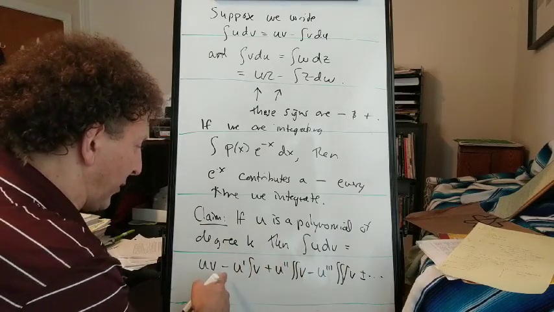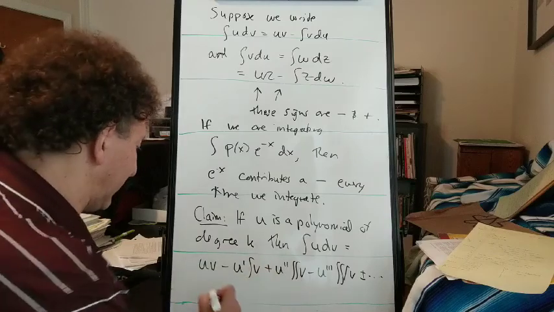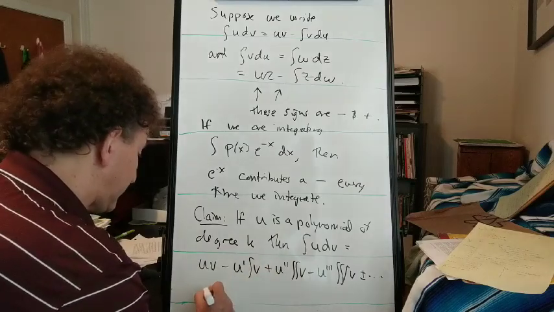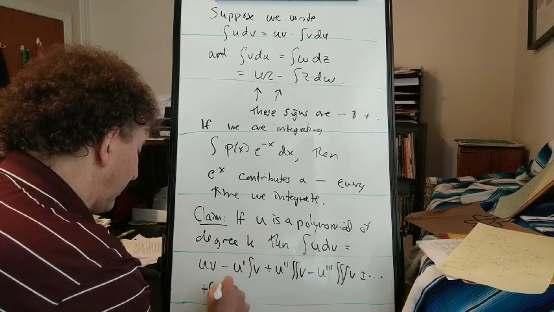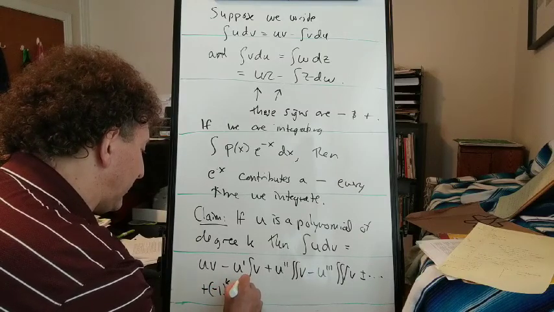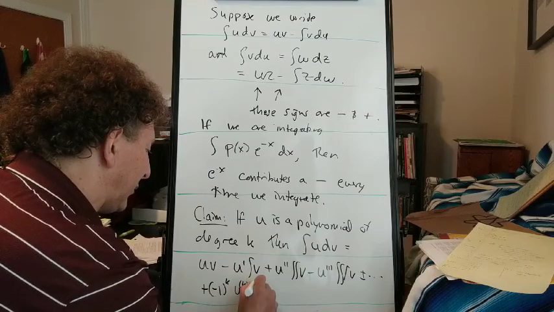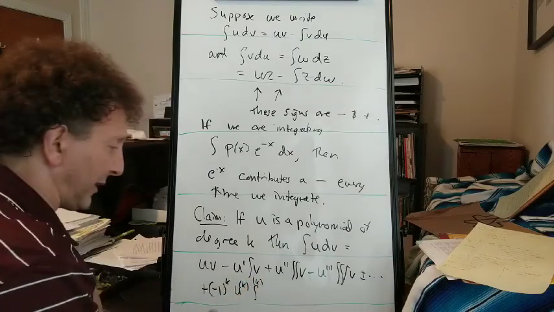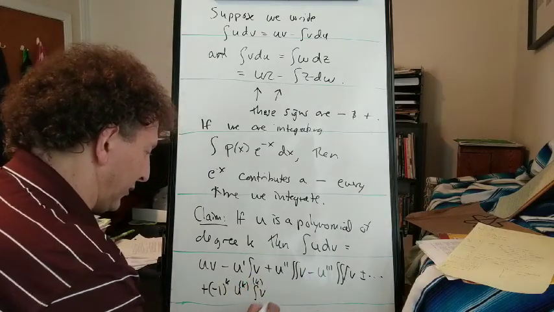And it's going to come up with a sign which depends on whether k is odd or even. So minus 1 to the kth derivative of u, and let me write integral sign with a k for the kth integral of v.